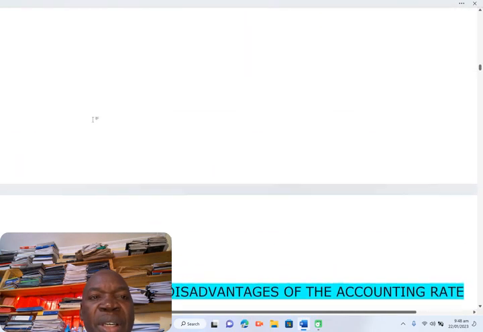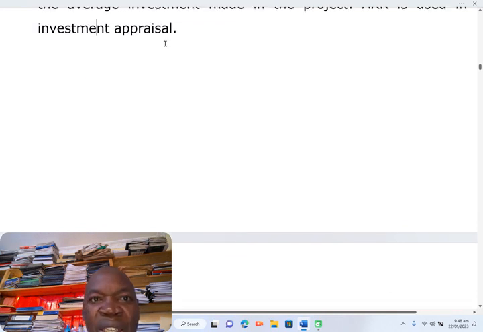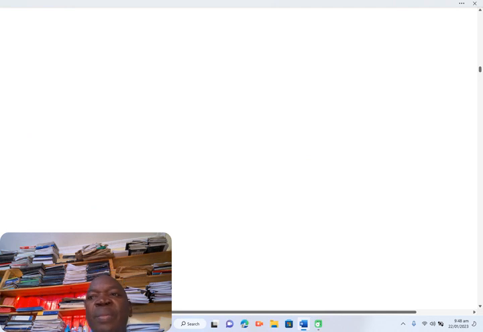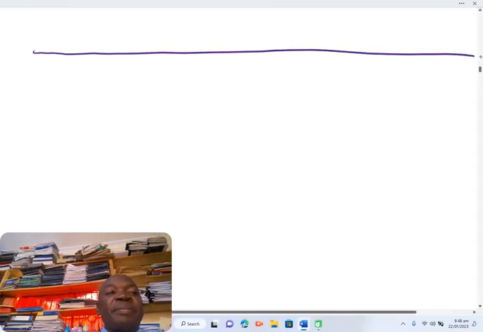Okay, now let me take a normal understanding in this area. I want to make it so that we don't confuse. For example, let me draw the line here. This is the line of demarcation.